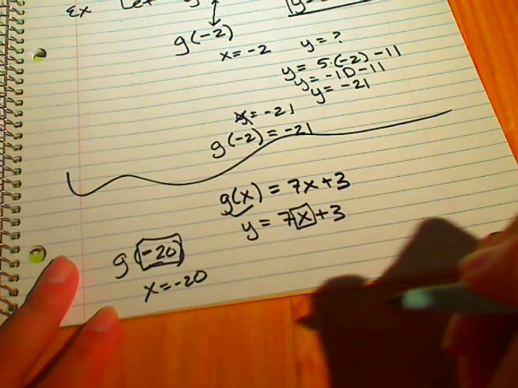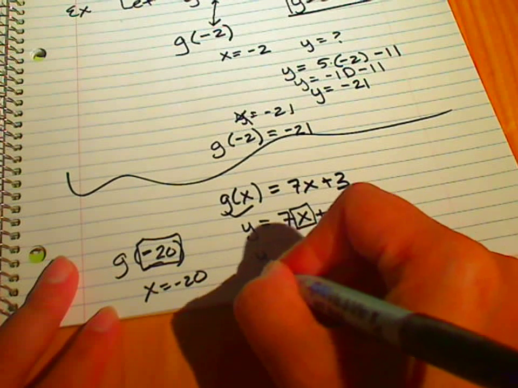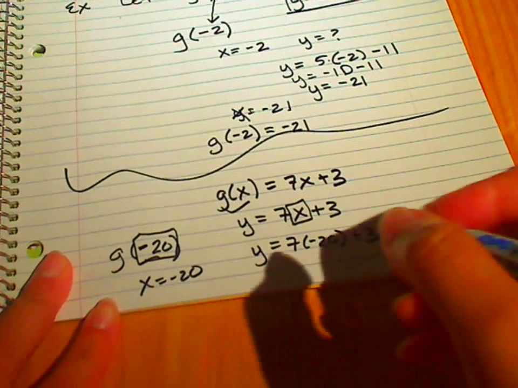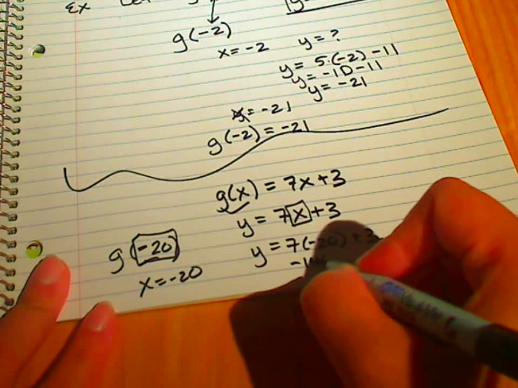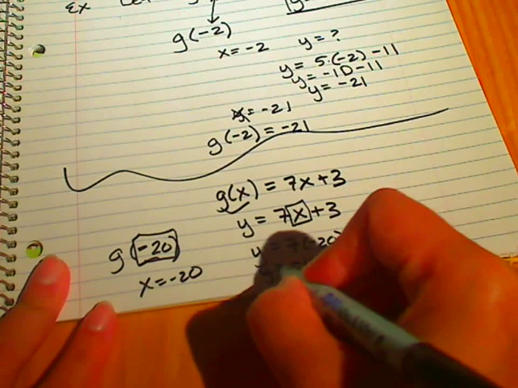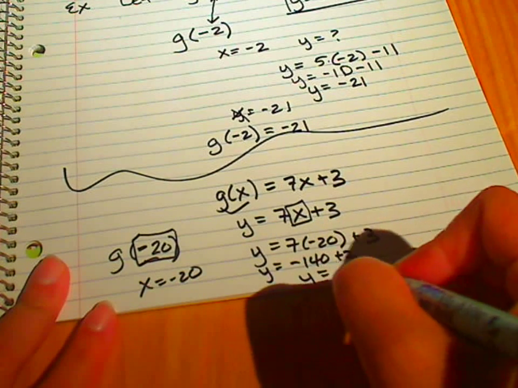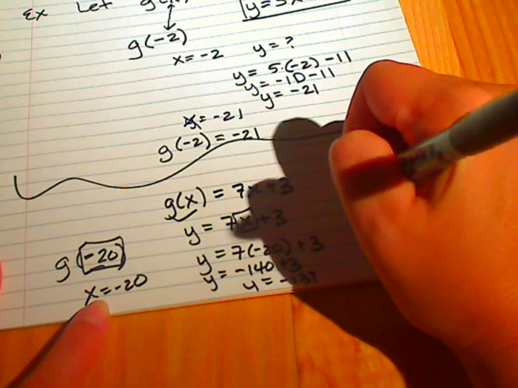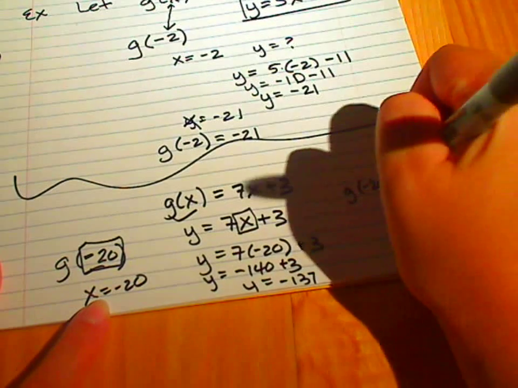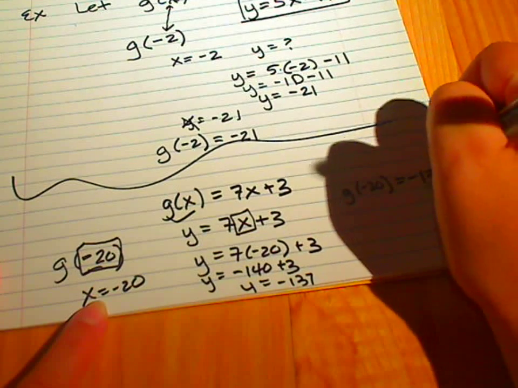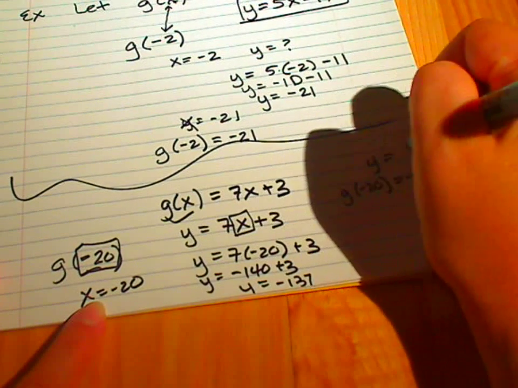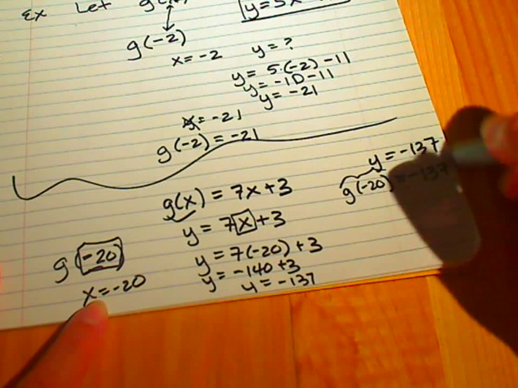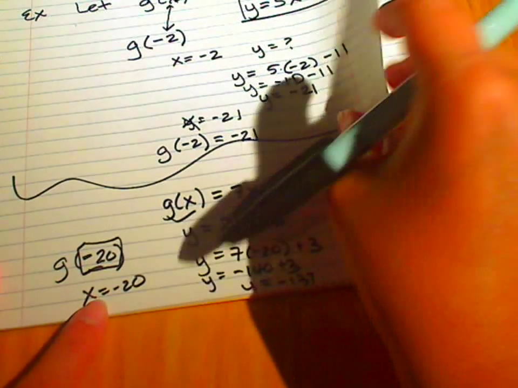All I'm going to do is plug in right here. So y equals 7 times negative 20 plus 3. So multiply and add, I get negative 140 plus 3. Y equals negative 137. So my final answer for that is g of negative 20 equals negative 137. So originally my answer looked like this. Remember, I'm just flip-flopping the notation, but that's all I'm doing.